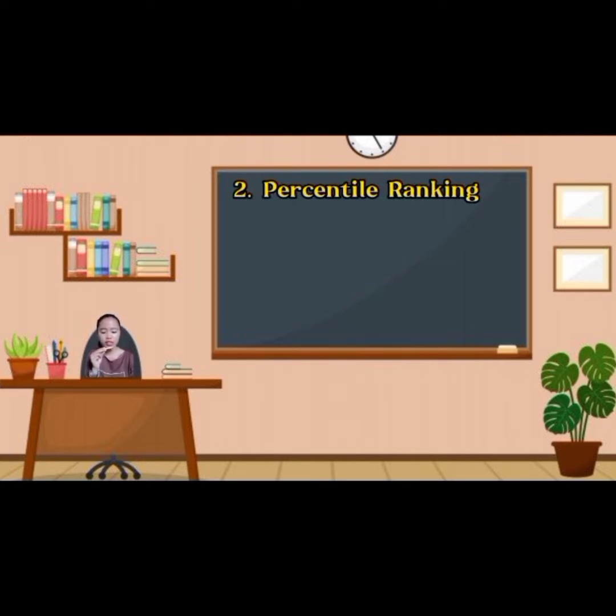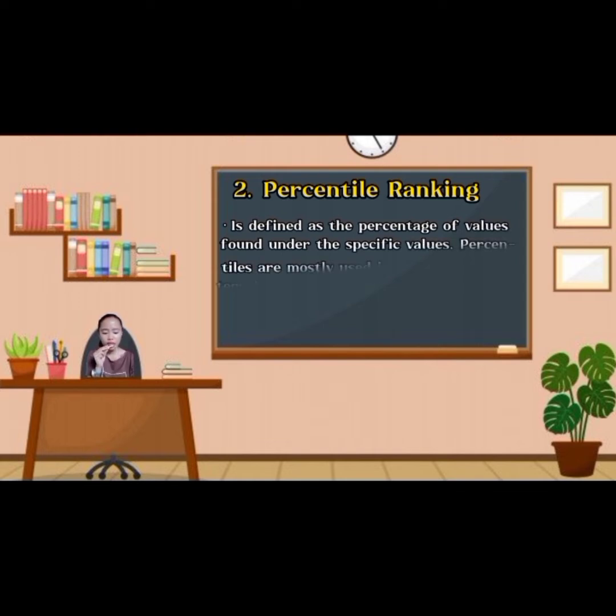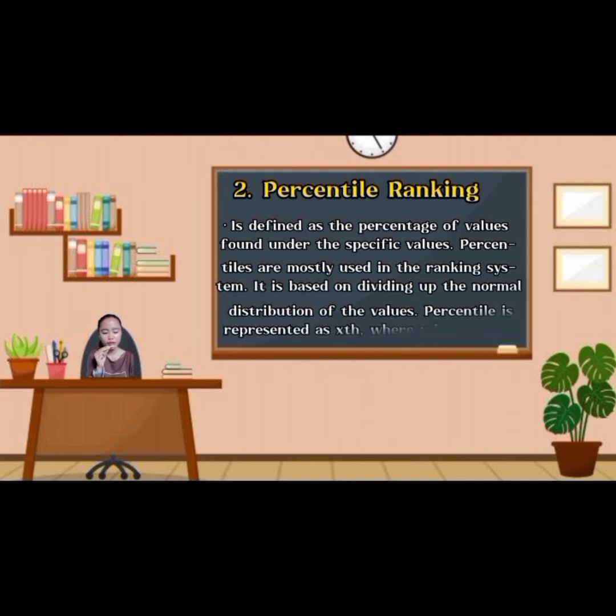Percentile ranking is defined as the percentage of values found under the specific values. Percentiles are mostly used in the ranking system. It is based on dividing up the normal distribution of the values. Percentile is represented as Xth, where X is a number.